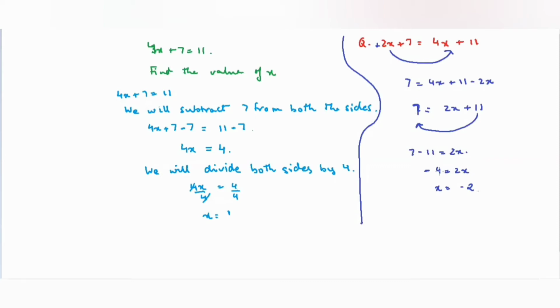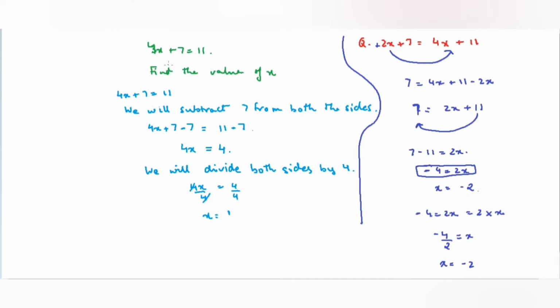For example, here in this step, we have minus 4 is equal to 2x. Now 2x is basically 2 into x. So what I did was, here 2 is getting multiplied, I took it to the other side. So there it would be divided. So I get minus 4 by 2 equal to x equal to minus 2. Or I could have divided both sides by 2. Both of them will give you the same result. Whichever you are comfortable with, you can proceed with that.